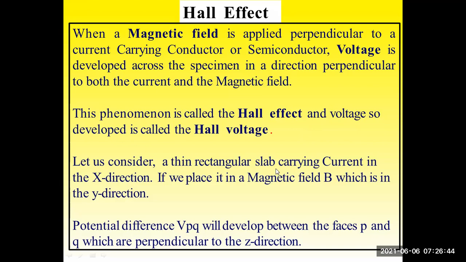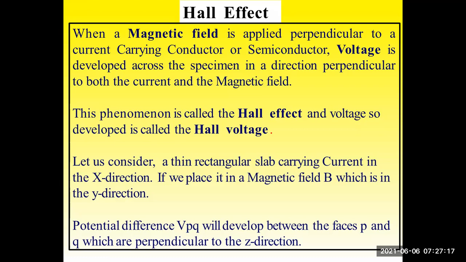So let us consider a thin rectangular slab which is carrying current in the x direction, and we place a magnetic field in the y direction. See what we are doing. We are taking a thin rectangular slab, which may be a conductor or a semiconductor, carrying current in the x direction, and the magnetic field acting on this slab is in the y direction.